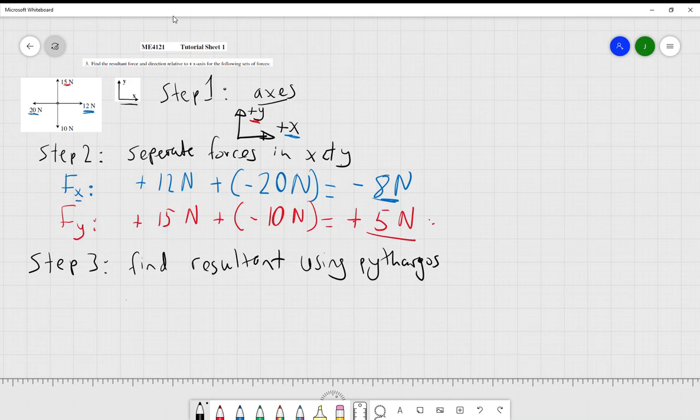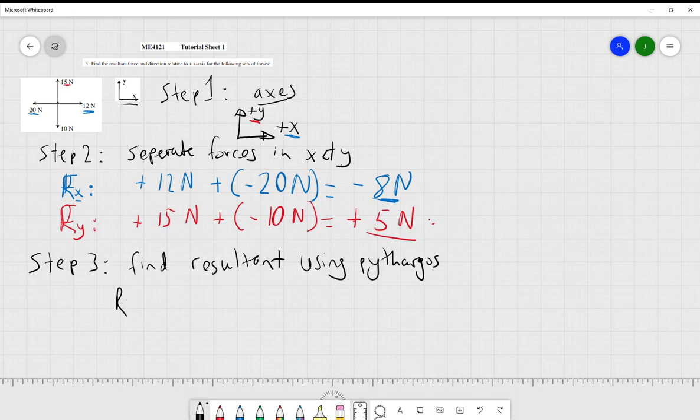So I'm going to change these now to R, for the resultant, but realistically it doesn't really matter. So Rx, Ry. We want to find the resultant, right?